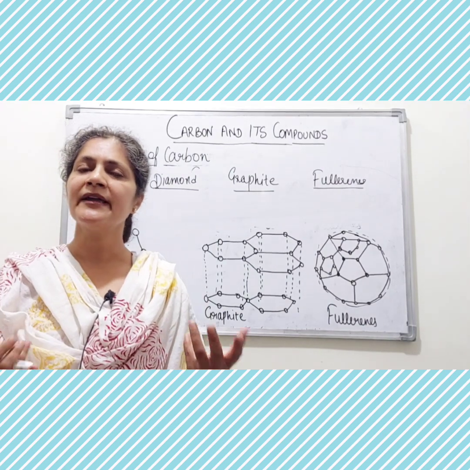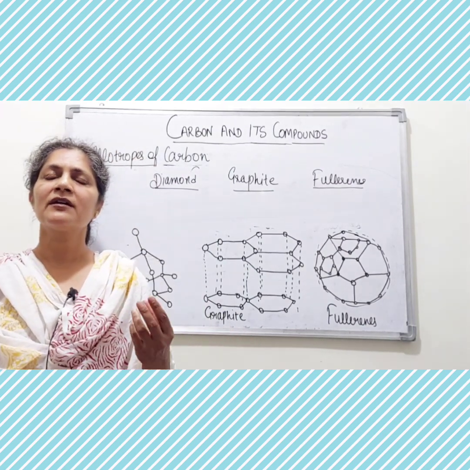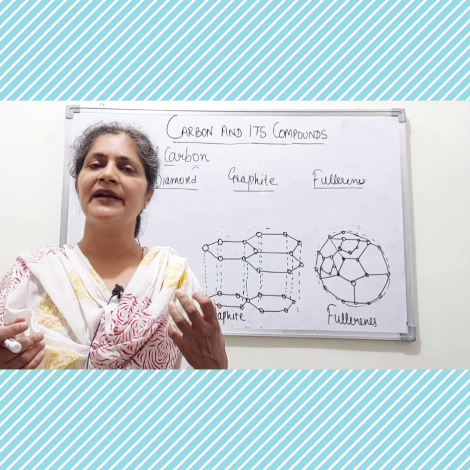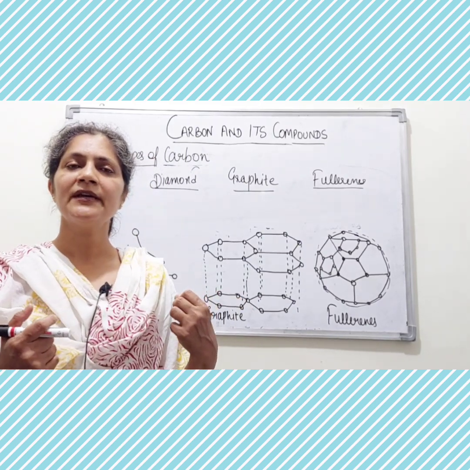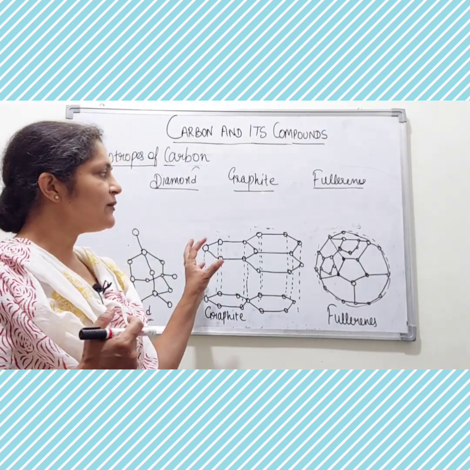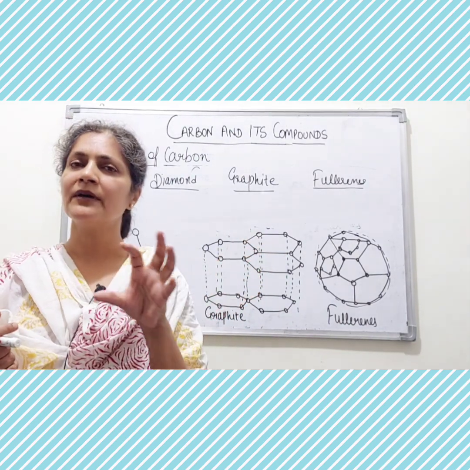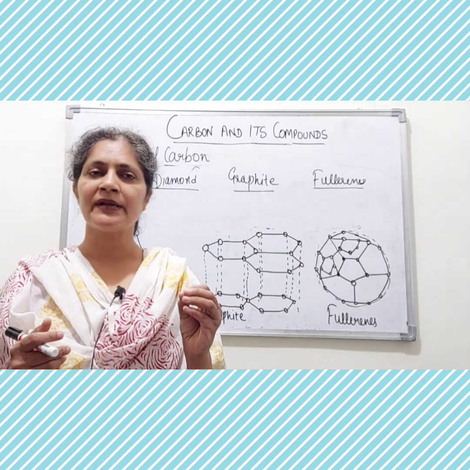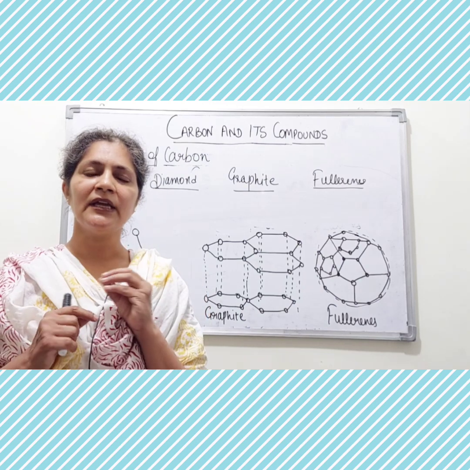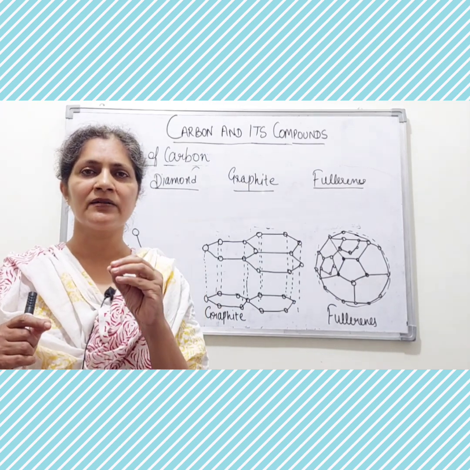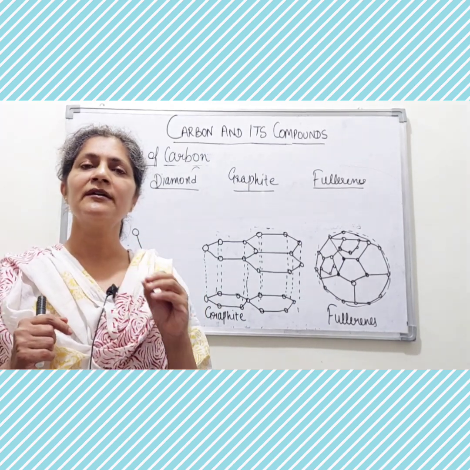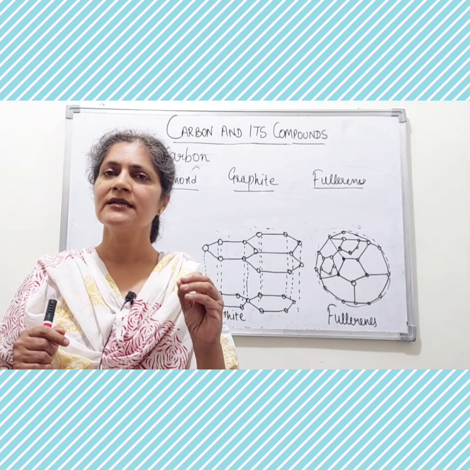Why are chemical properties similar? Because chemical properties depend upon the constitution of the element. All these three forms are made up of carbon, and on burning each of them will produce carbon dioxide gas. So their chemical properties are similar.